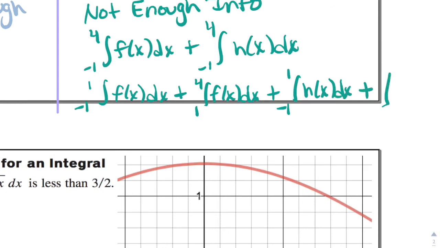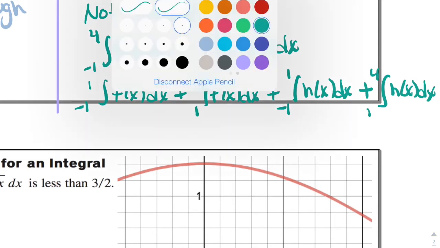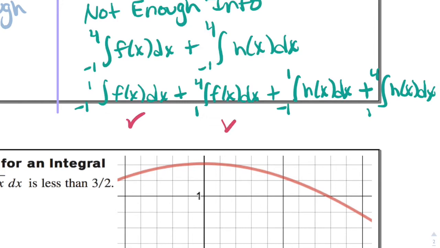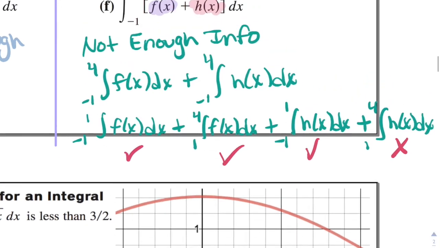And we don't have, oh, I messed that up again. Let's clean that up. We don't have the integral from 1 to 4 of h(x) dx. So we are good with that one, good with that one, good with that one, or not good with that one.